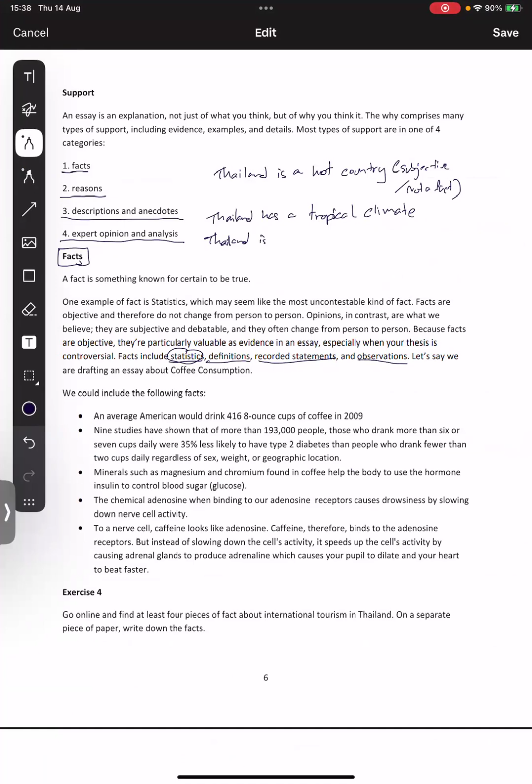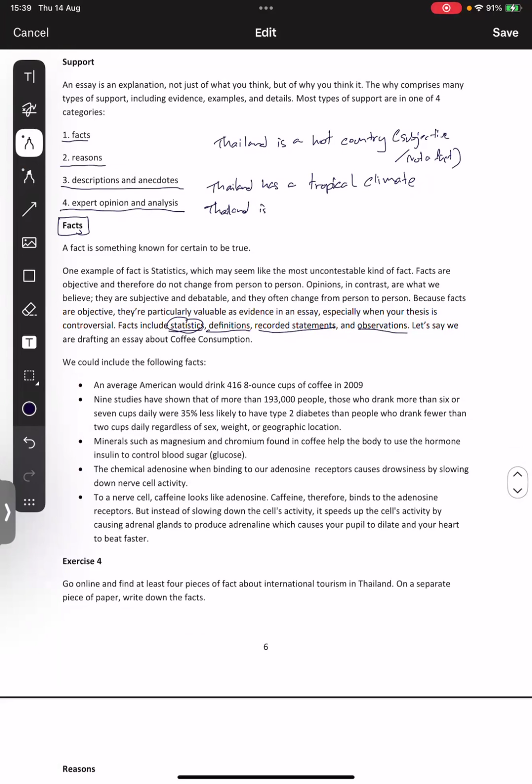The sun rises in the east. Even though there's no number in it, it can be proven. It can be observed. It's still a fact. The earth orbits around the sun is a fact. It can be proven.